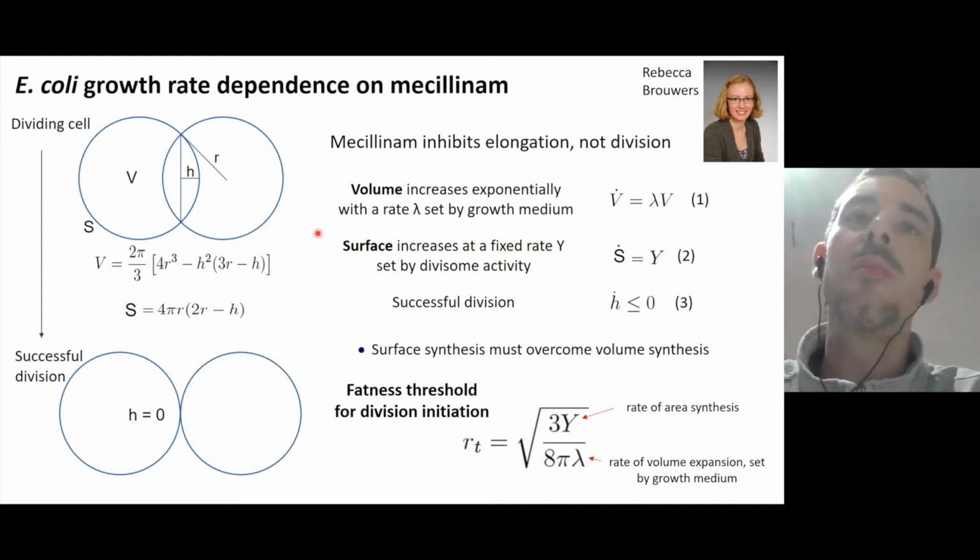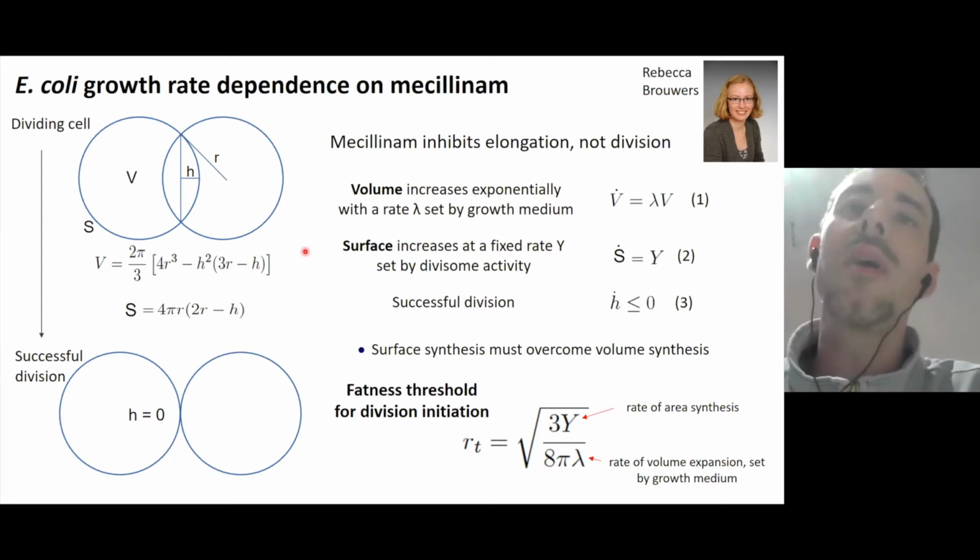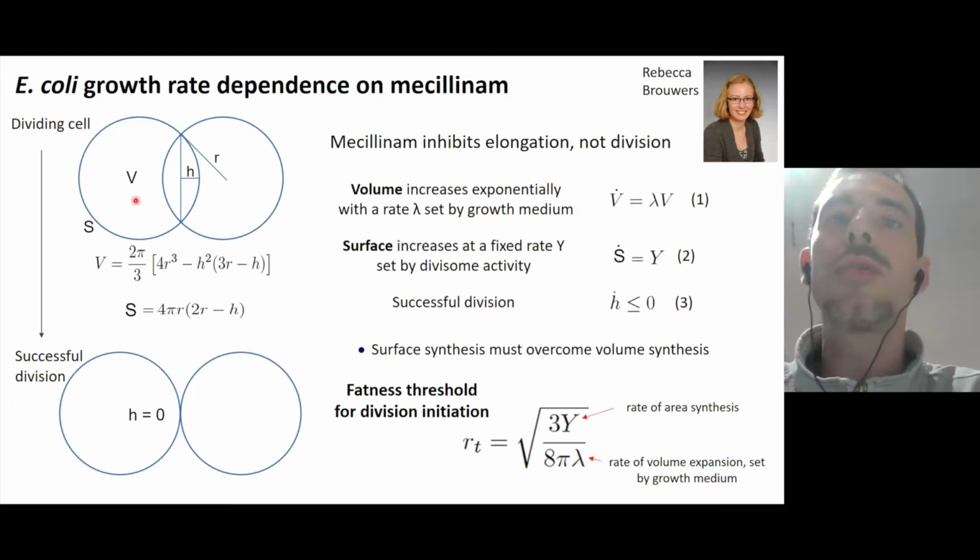As you see in the picture, we exemplified a dividing cell in the presence of mecillinam as a sphere because they get spherical with the antibiotic, and they have a specific volume and also a surface. We also found a parameter that can tell us when a successful division happens, that is H, basically the distance between the two cell walls of the dividing cells.